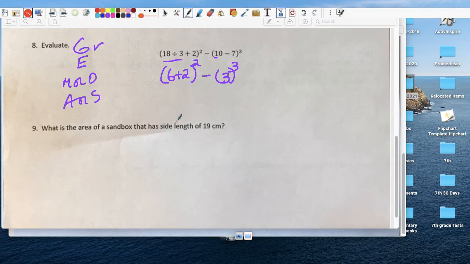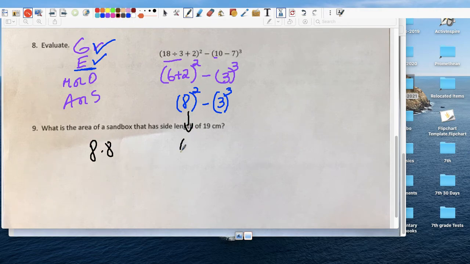Now I have to do 6 plus 2. 6 plus 2 is 8, and parentheses, second power, minus 3, right? That I didn't touch. So all this is gone. Now I can finally do exponents. 8 to the second power is 8 times 8. So this becomes 64.